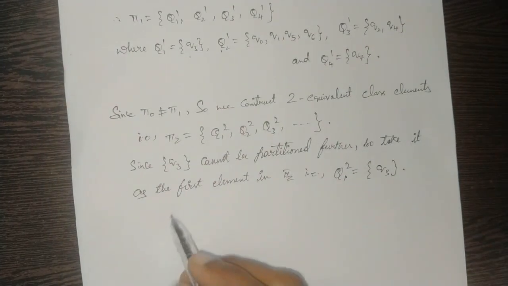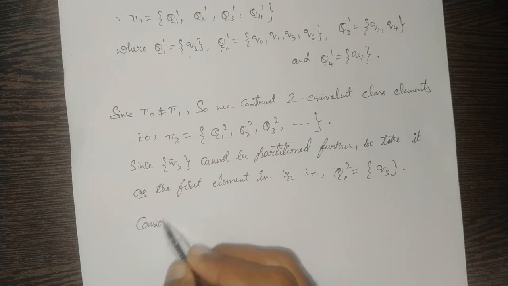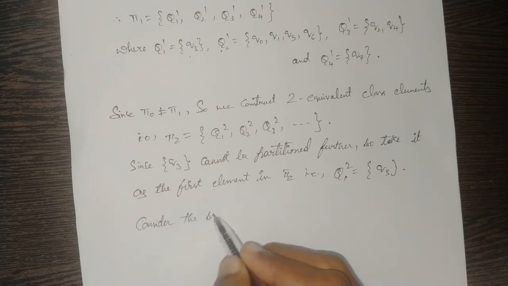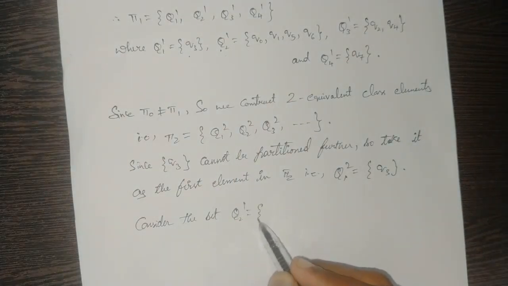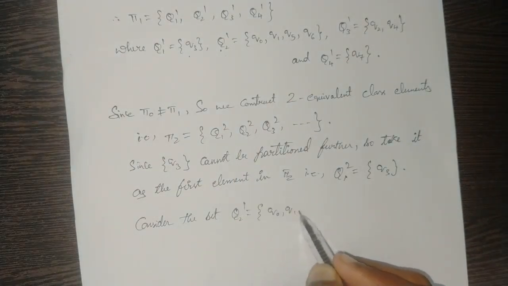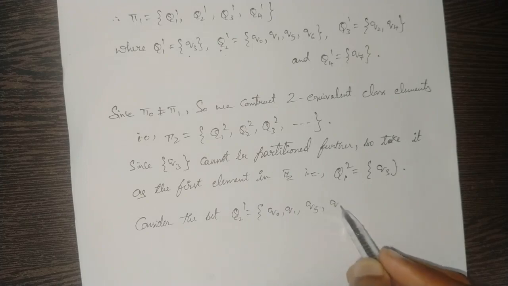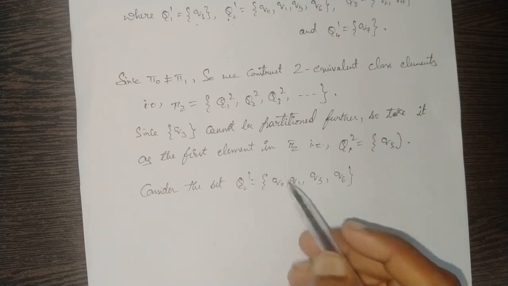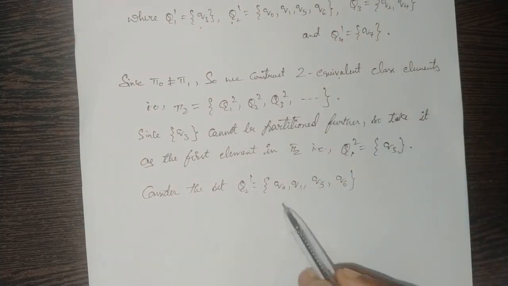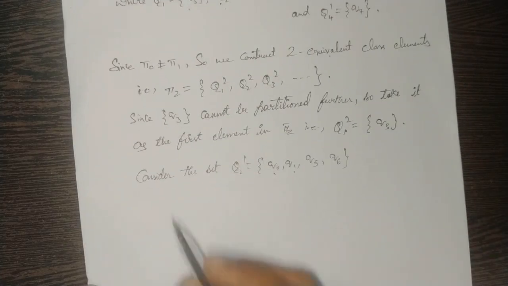That is Q2 dash. Consider the set Q2 dash, that is Q0, Q1, Q5, and Q6. So check two equivalence for Q0 and Q1.